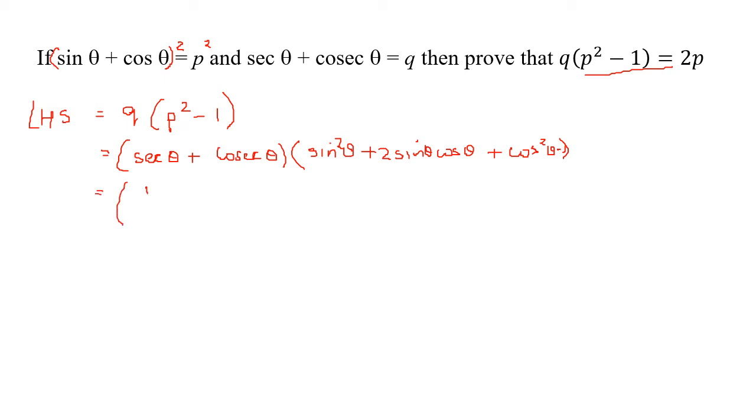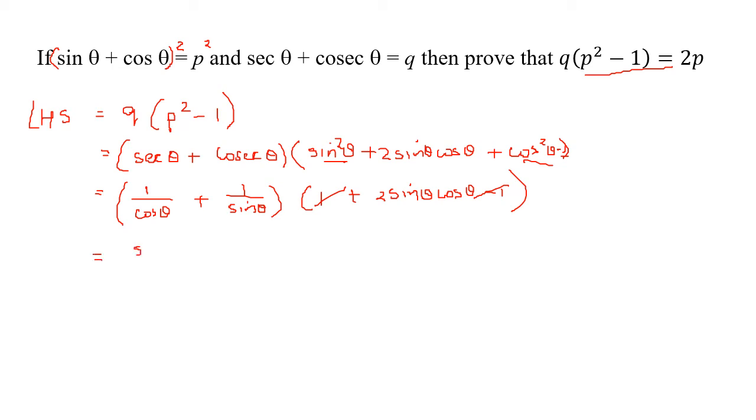What is sec theta? 1 upon cos theta, plus cosec theta is 1 upon sin theta. Now we have sin square theta plus cos square theta equal to 1. So we have 1 plus 2 sin theta cos theta, and we have got a minus 1 here. So the plus 1 and the minus 1 will get cut.